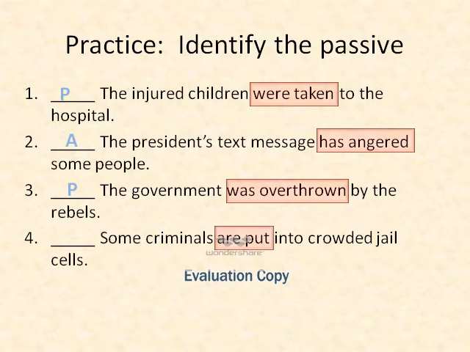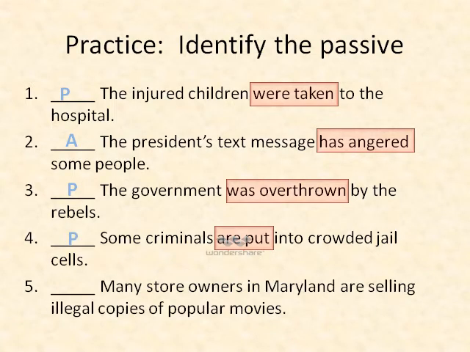Are put. Active or passive? We have the verb be, are, and we have the past participle of put. As you remember, that's an irregular past participle, and the form doesn't change from the present to the past. Put, put, put. That's a passive voice sentence.